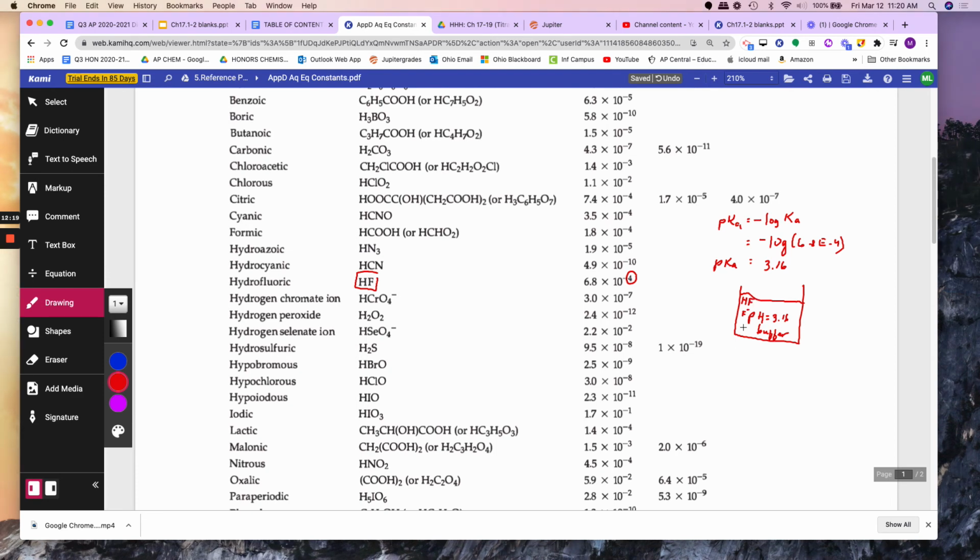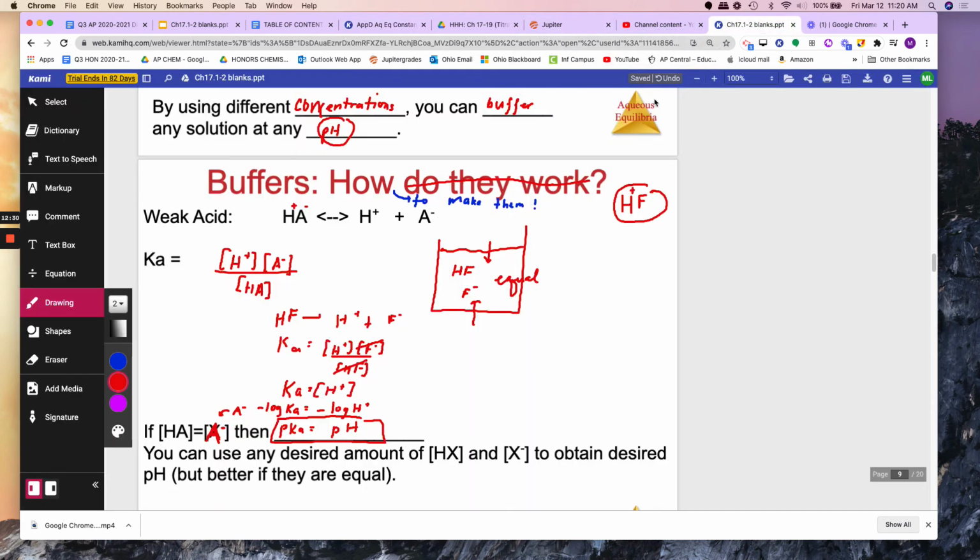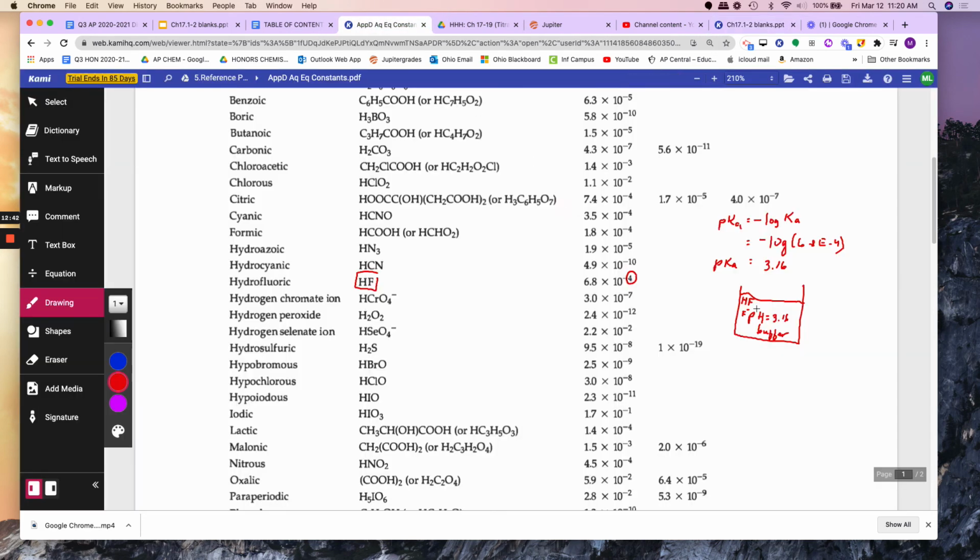Because I need the conjugate pairs. And you might say, well, how much? I need to put equal amounts, because if I put equal amounts of the acid and the conjugate base, then the pH will be pKa. So going back here, if I put equal amounts of HF and F minus, then I will have my pH to be 3.16.